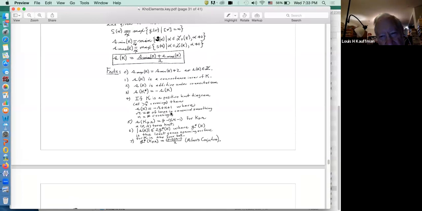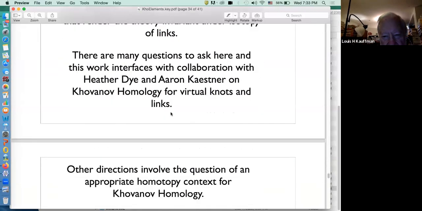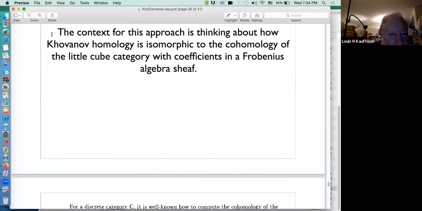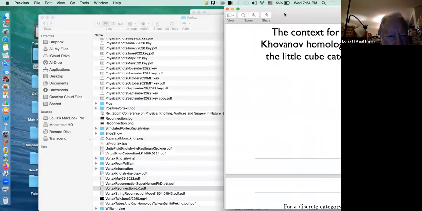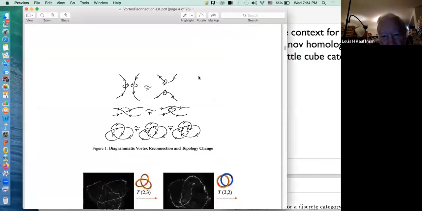And as a result, you can figure out I'm looking for a picture if there is one in these slides. And perhaps I'm not getting the best picture. So let me go back to my vortex reconnection one.